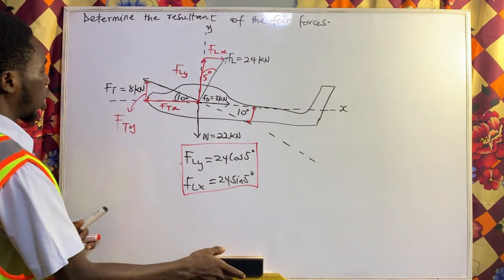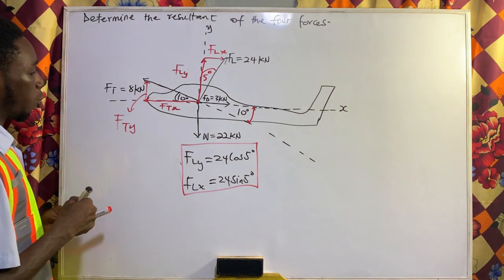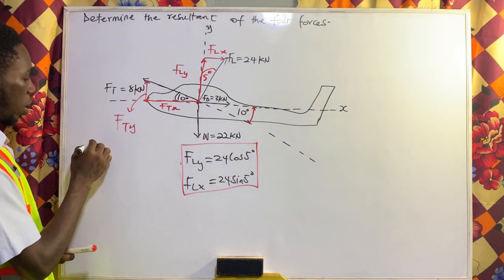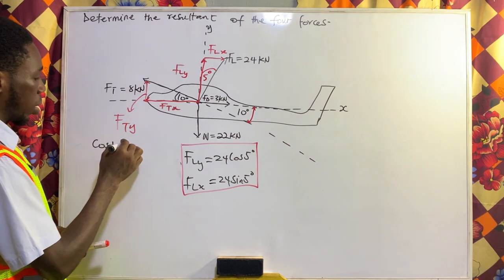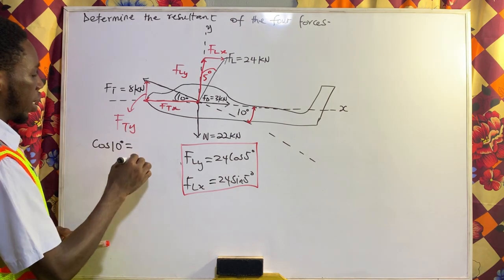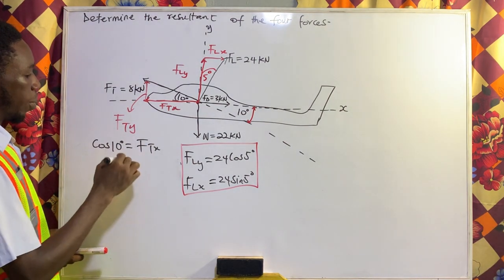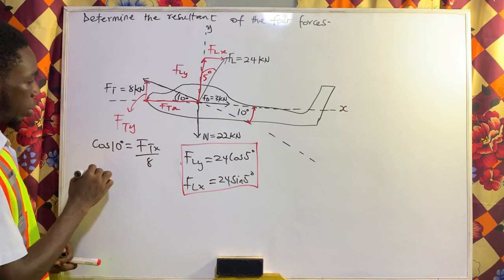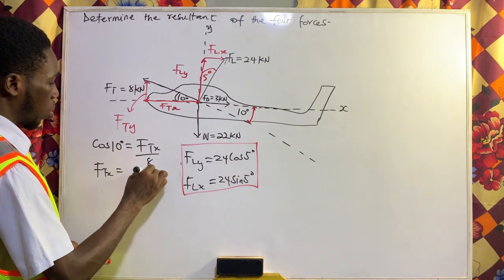Okay, so for the thrust force also, let's find the x component and then the y component. So let's take cosine of this angle here. So cosine of 10 degrees will be equal to the adjacent side, which is FTX over the hypotenuse, which is 8 kilonewtons. So I'm going to have FTX to be equal to 8 cos 10.